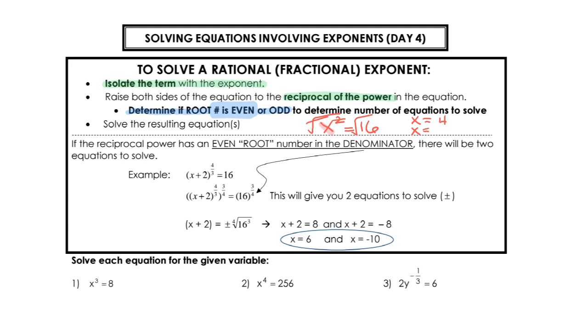However, couldn't the answer be negative 4 squared and have that also come out to equal 16? And the answer is yes. So from here on out, we actually have to realize that when you have an even root, there are actually two answers that you get. We'll have to talk about that today, which is going to be a little bit of the confusing part of doing this.